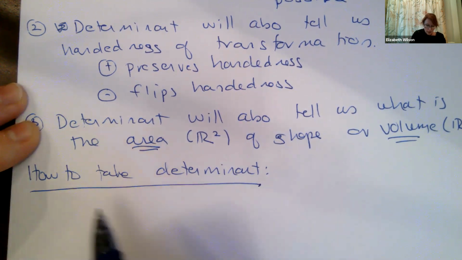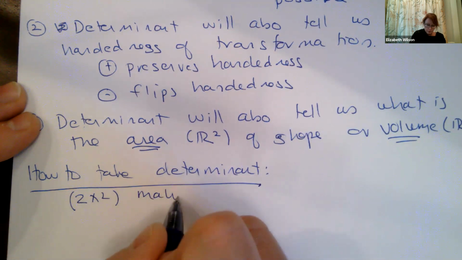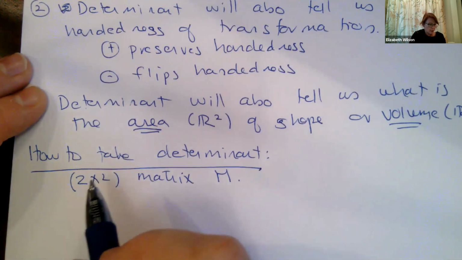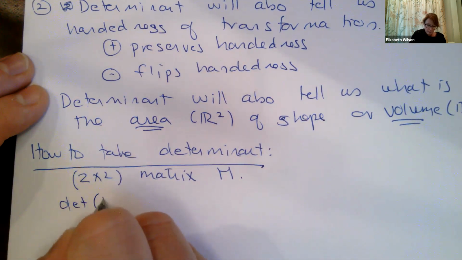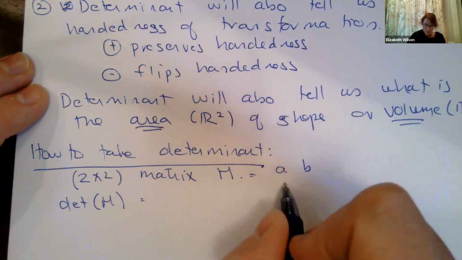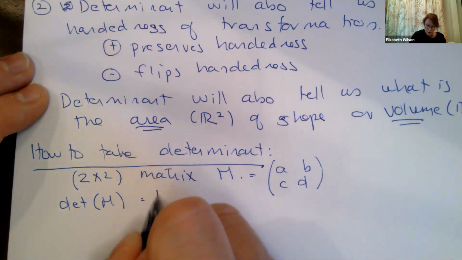Okay, so let's say I have a 2 by 2 matrix, and we'll call it M. When I want to take the determinant of M, let's say M is equal to A, B, C, D, like this.